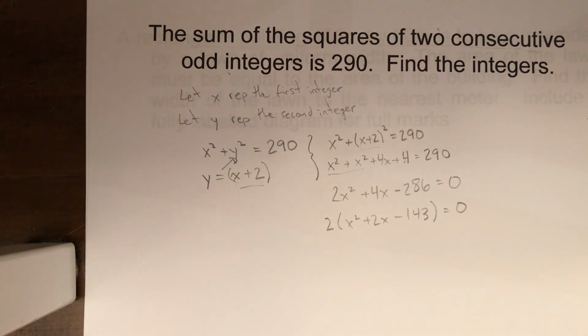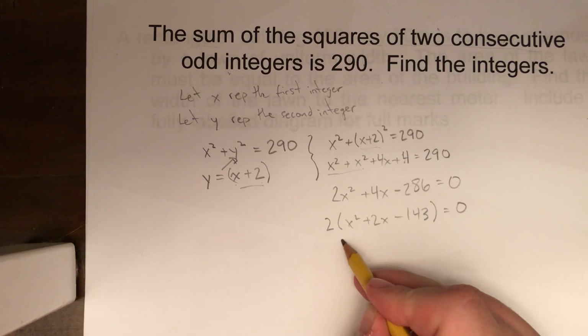And then I'll look to see if I can solve by factoring or use the quadratic formula. Just for fun, I'm going to use the quadratic formula, just to see how my skills are this late at night.